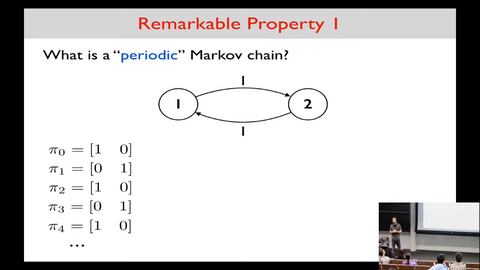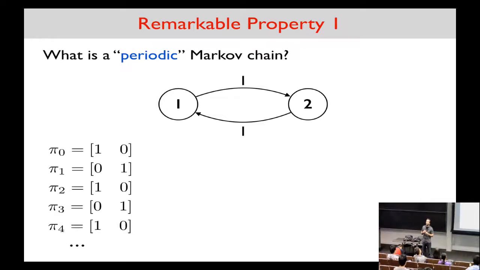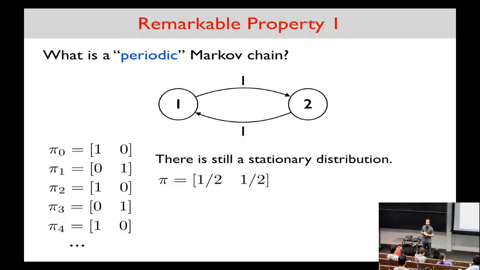Question: is the transition matrix of a Markov chain always a permutation matrix? What do you mean by permutation? I mean an identity matrix where you switch the rows and columns. So, for instance, this transition matrix would be 0, 1, 1, 0.